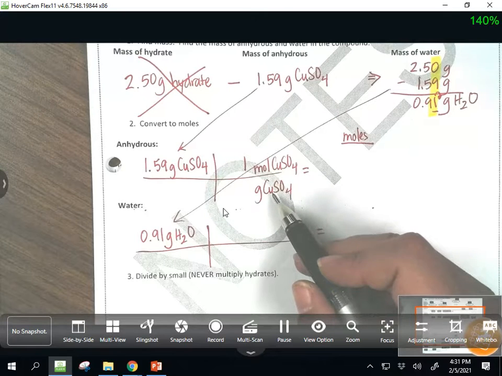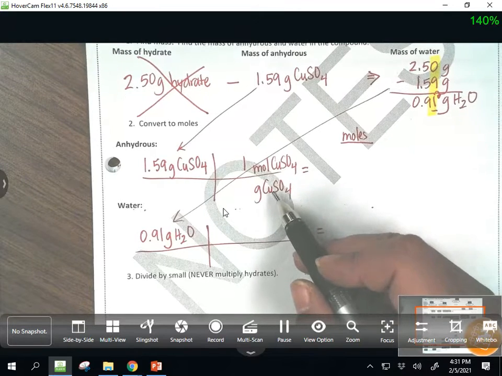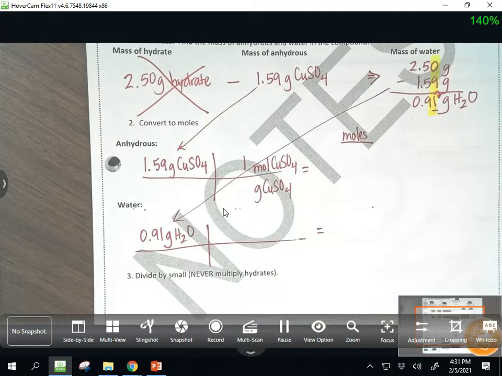I'm going to take 63.5, plus the molar mass of sulfur and oxygen. The oxygen is going to give me 4 times 16, and the sulfur was 32.1.